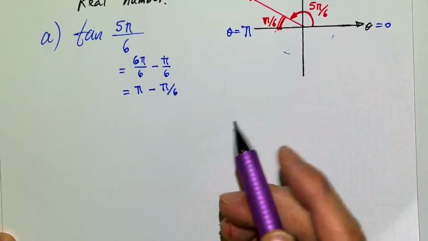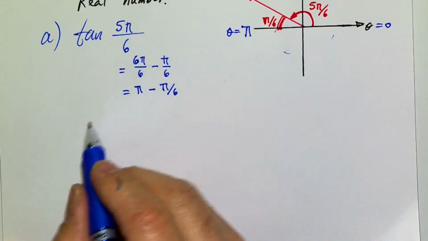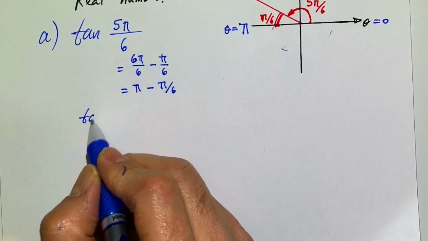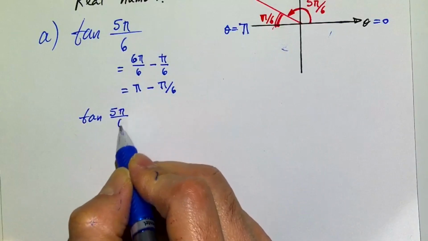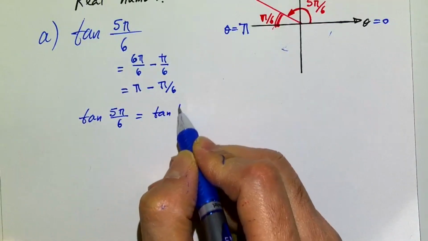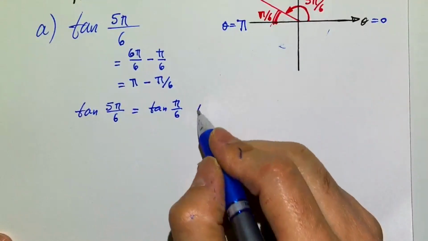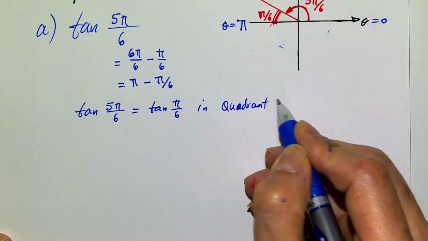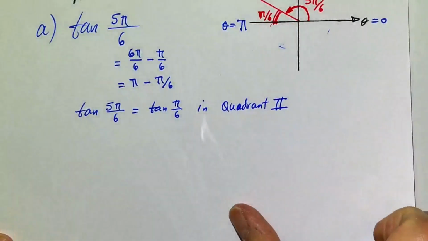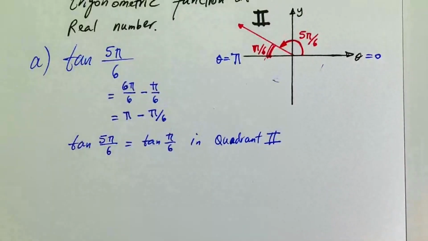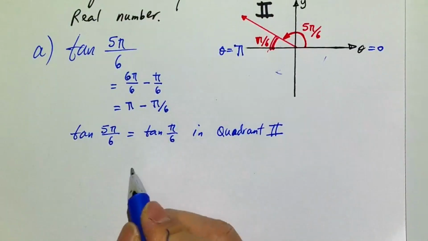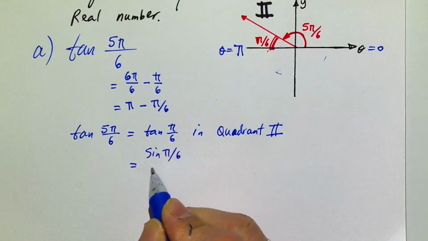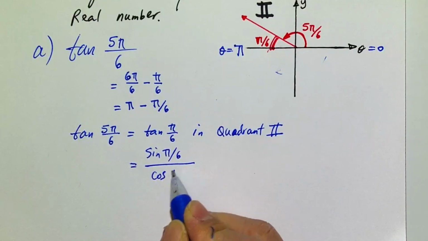So let's do that. So tangent of 5 pi over 6 is equal to tangent of pi over 6 in quadrant 2. Okay, in quadrant 2. So that would be tangent of pi over 6 is equal to sine of pi over 6 divided by cosine of pi over 6.